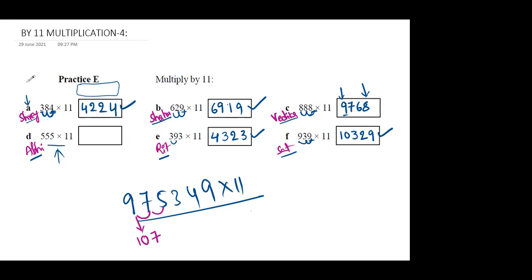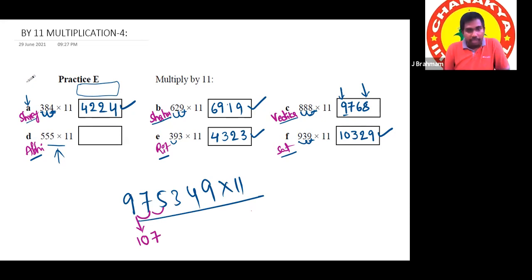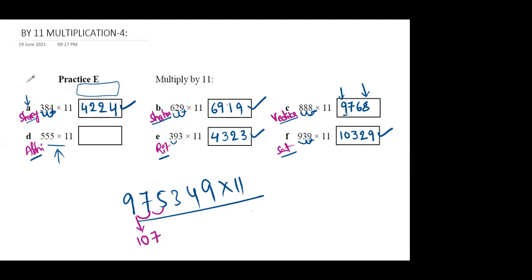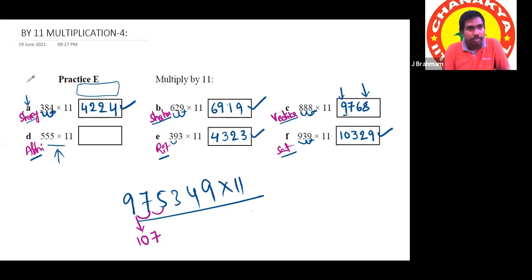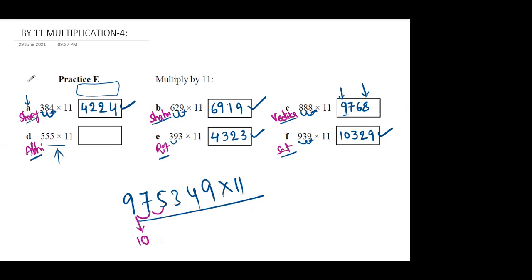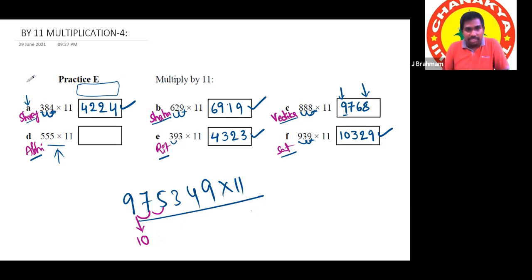Sir, why did you write 7? Actually, we need to write how much? 7 only, that's the right answer. See, I'm explaining again why it is 7. Actually, first we need to write 9 only, but because the next place is a carry, that's why I'm writing 10.